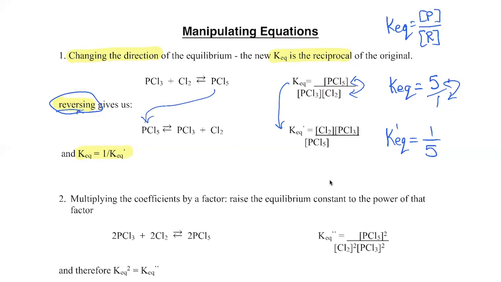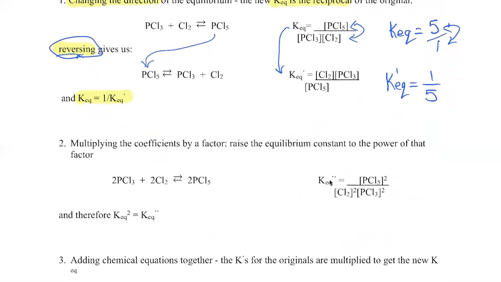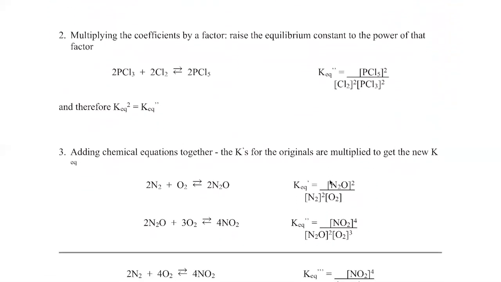The second thing we can do to change a reaction that will again affect the KEQ value for that reaction is multiplying the coefficients by some number. You can multiply it by 2, you can multiply it by 5, you can multiply it by 1/2, a variety of different things, but basically they all work the same way anytime you're multiplying your coefficients by some number.